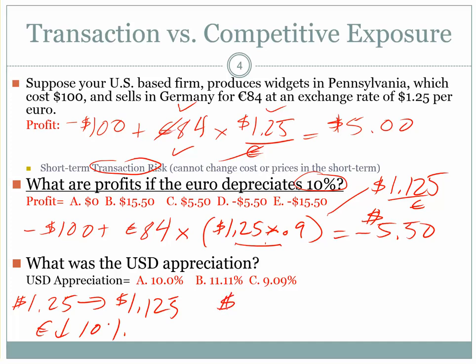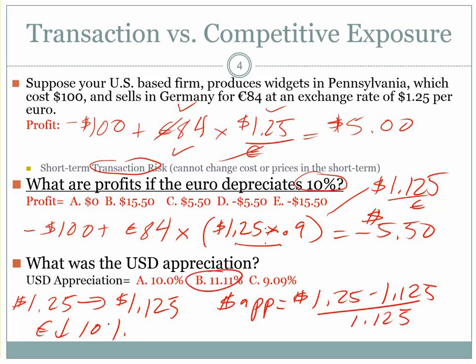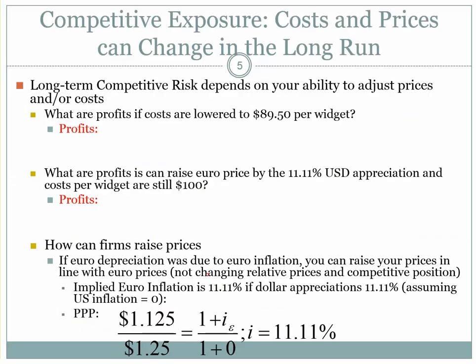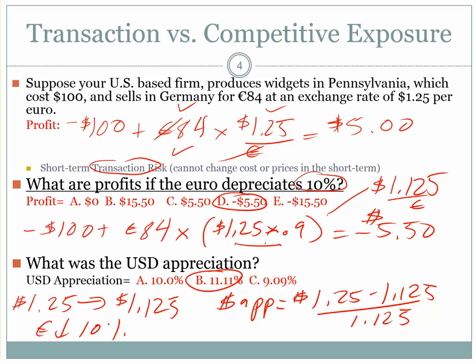The dollar appreciation is actually 11%. So we're going to see that number pop up later, that the US dollar was up 11.11% when the euro was down 10%.